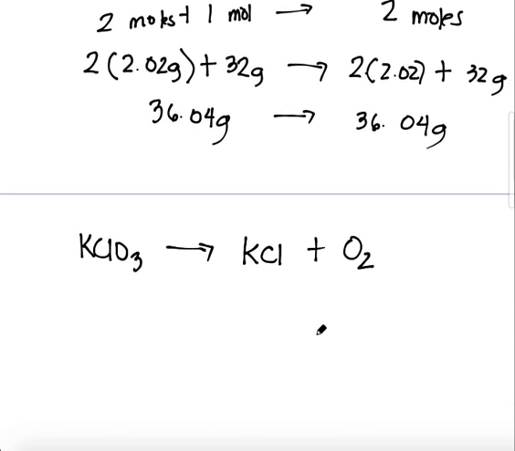So we have KCl plus O2. In balancing this equation, we need to have a checkpoint. I-check muna natin in order for us to know whether the equation is balanced or not balanced. So we have potassium, chlorine, and oxygen. Remember the word, it's potassium chlorate.